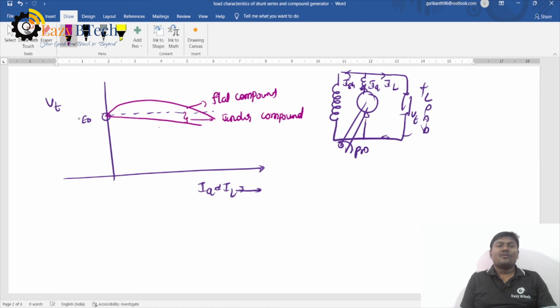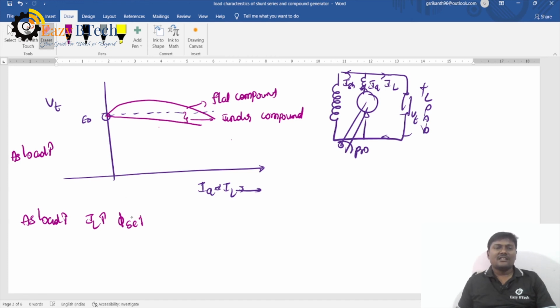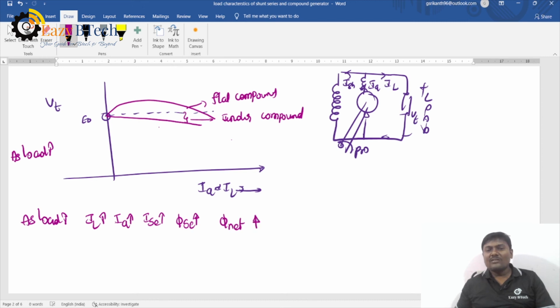And if you go for the over compound, see what happens as load increases. Load current increases, Ia increases, the armature current increases. The load current is coming from the armature, Ia and Isc are the same, so Isc increases and then phi sc increases; the flux value will increase for cumulative.